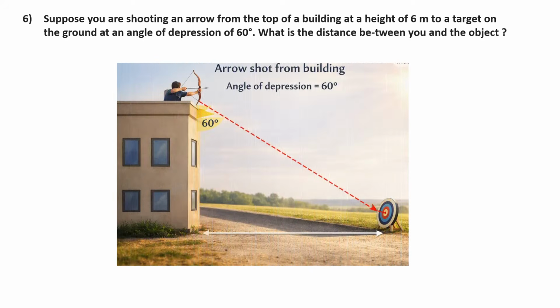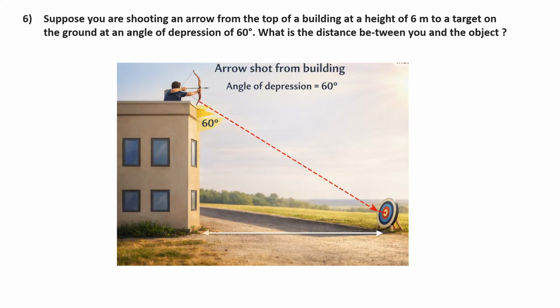You can see the diagram. In the image, the observer is above the building and above the ground level. The target is on the ground. Now the target is below the observer, so the observer must look downwards. His head is looking downwards, right?